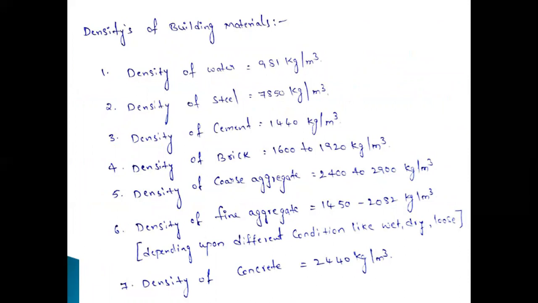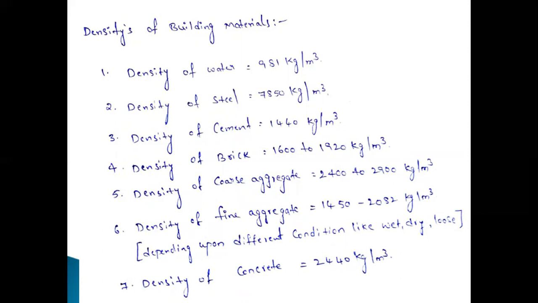So the unit weights are the densities of building materials. Density of water, 981 kg per cubic meter. Density of steel, 7850 kg per cubic meter.